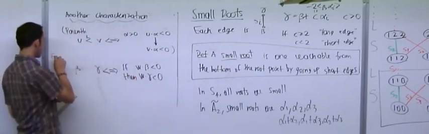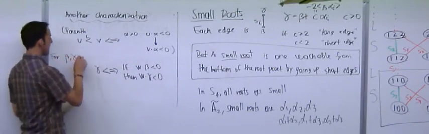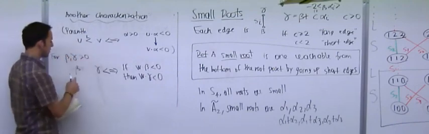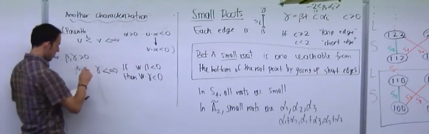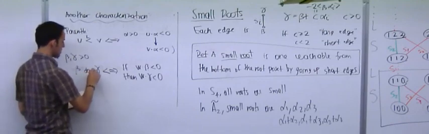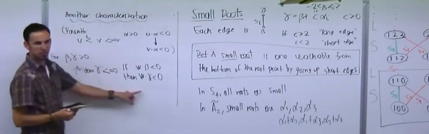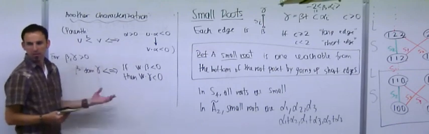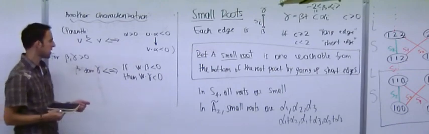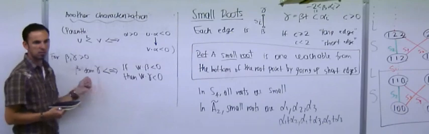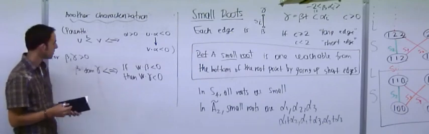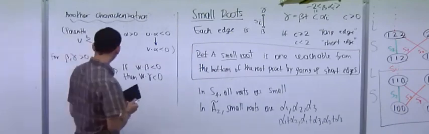So for beta and gamma positive, I'm going to say that beta dominates gamma when this condition holds. So it's the analogous condition, just switching it around and thinking that now I want to see how this happens with roots. Okay? Positive roots.